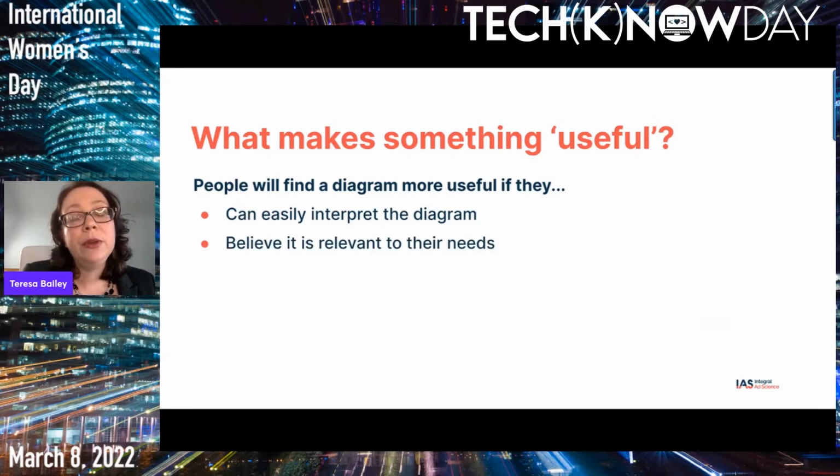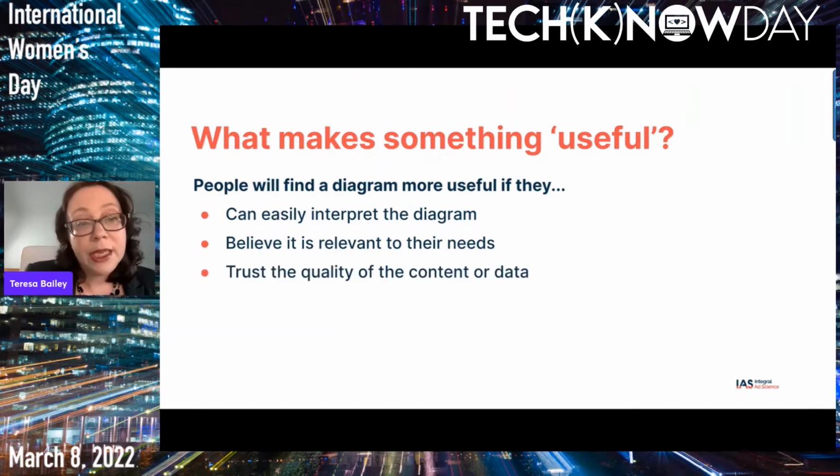So, does your audience believe it's relevant to their needs? You can have a diagram that is clear, but if you haven't made the point that you need to make to your intended audience and you haven't made it relevant to them so they understand why they should care about it or how they can use it, then it may not end up being useful to them, even though some of your underlying data is correct.